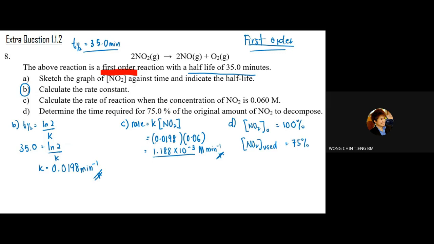But what do we need? We need the less. So, how much is the less? Alright. So, the less right now will be 25% and do not need to change. Ataupun tak perlu darab dengan 0.06. Siapa yang darab pun akan sama je. Okay? Tak darab pun akan sama sebab dia first order. And bear that in mind, only first order can do this.